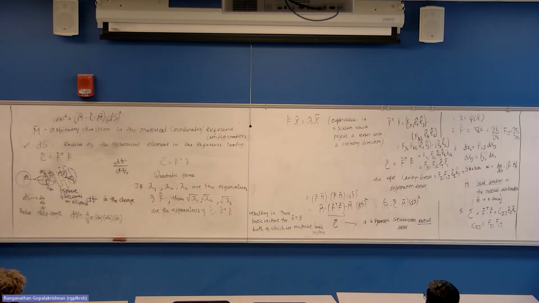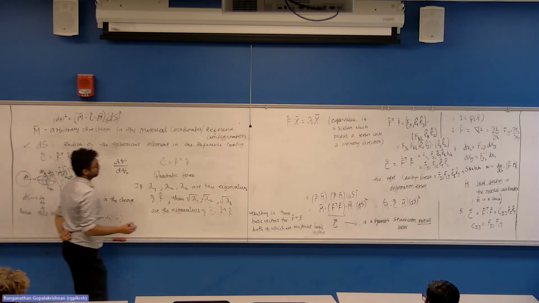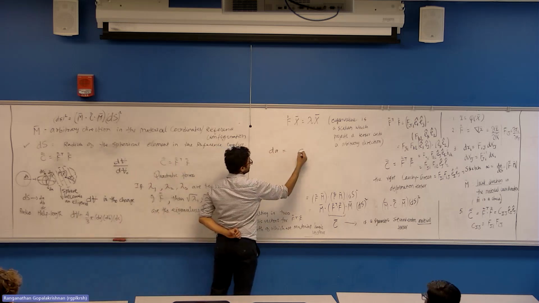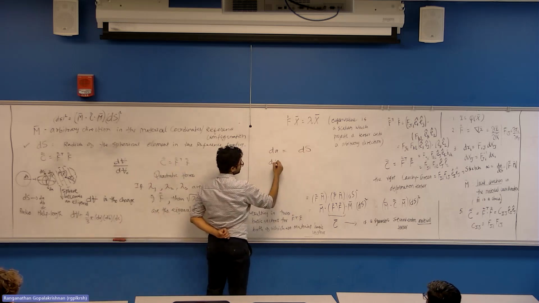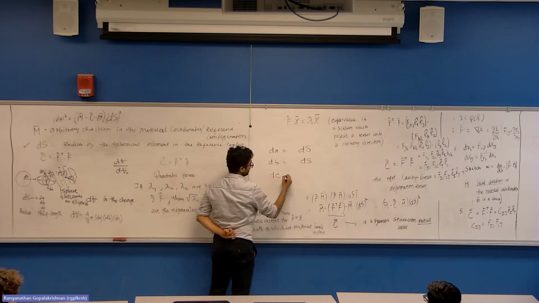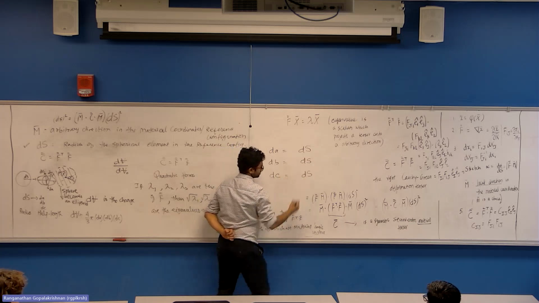Now why is that needed? We talked about the sphere becoming an ellipsoid, each with a half length of dA, dB, and dC, right? So what is the relationship between dA and ds? What is the relationship between dB and ds? What is the relationship between dC and ds?